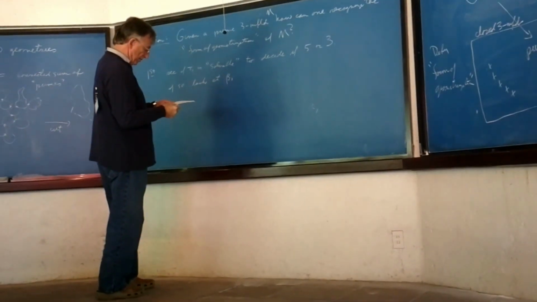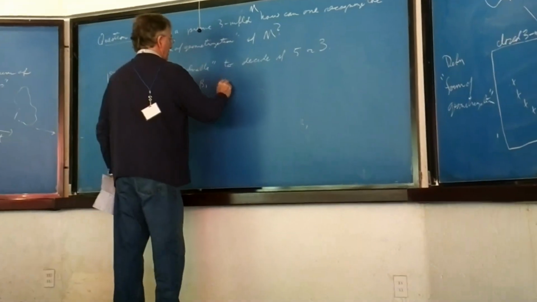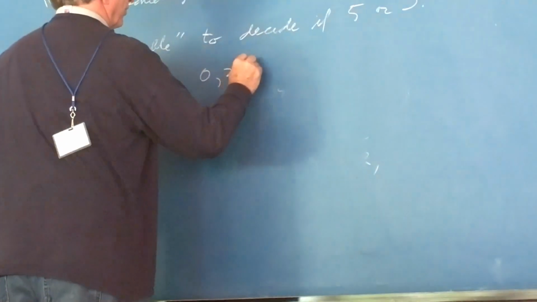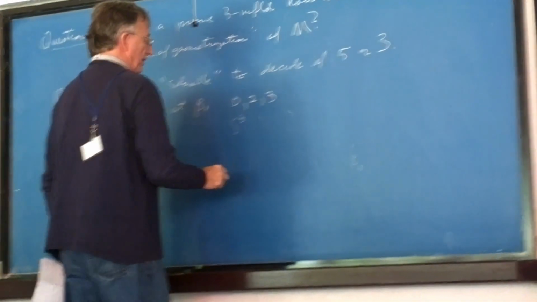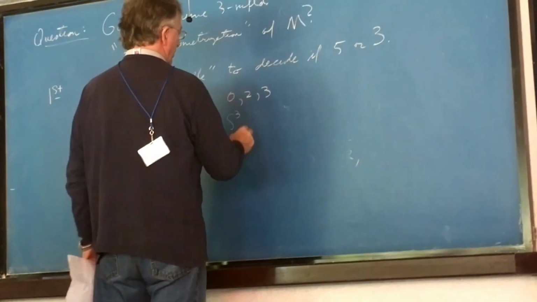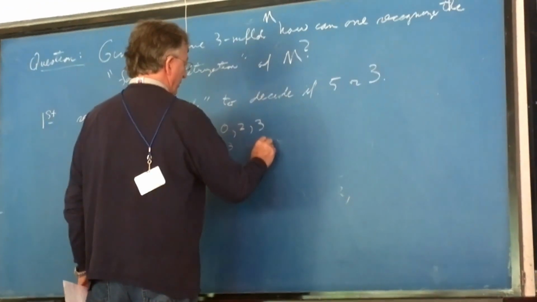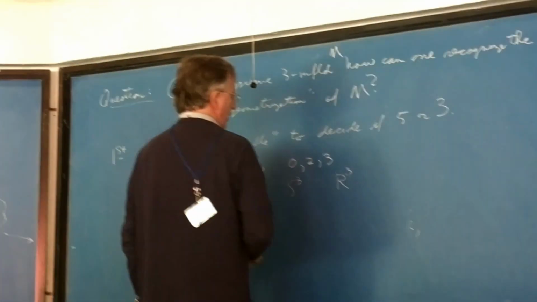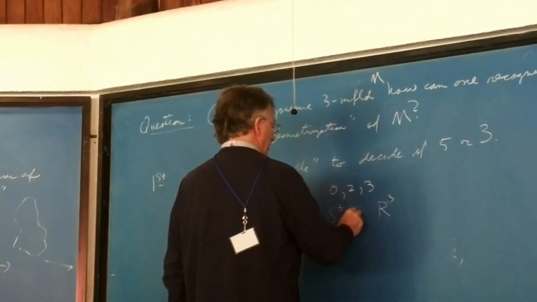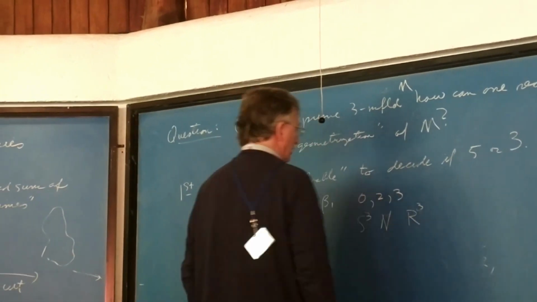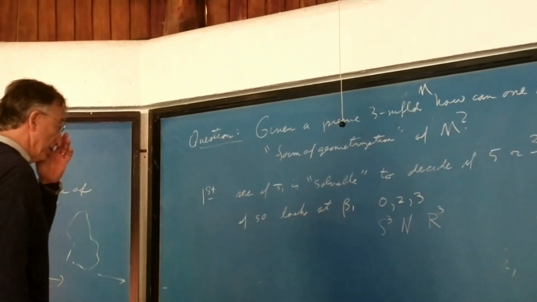If the first Betti number is 0, 2, or 3, then 0 corresponds to the S3 geometry, and 3 corresponds to the flat geometry. So it's covered by the 3-torus, and then 2 would be Nil geometry, covered by the Heisenberg Lie group.